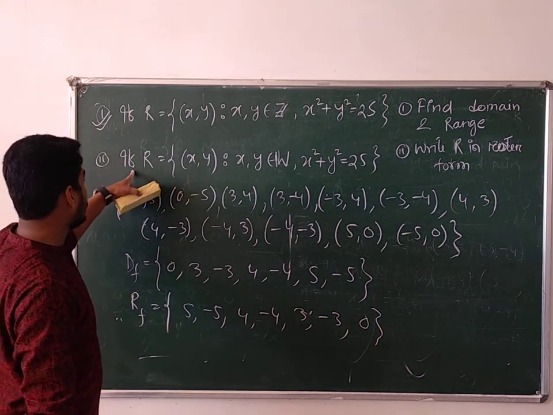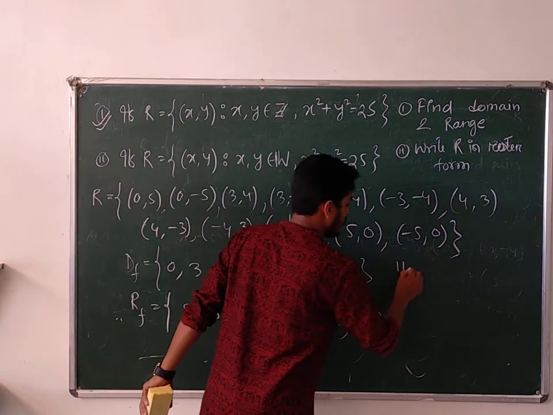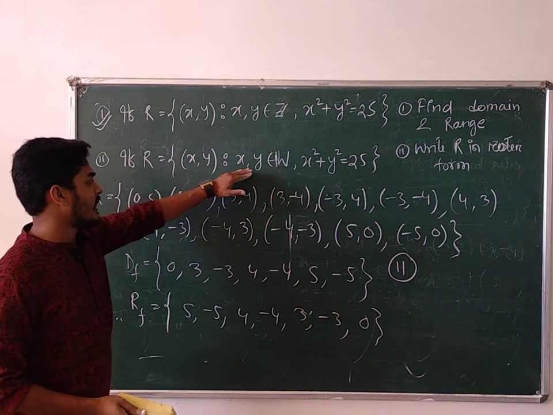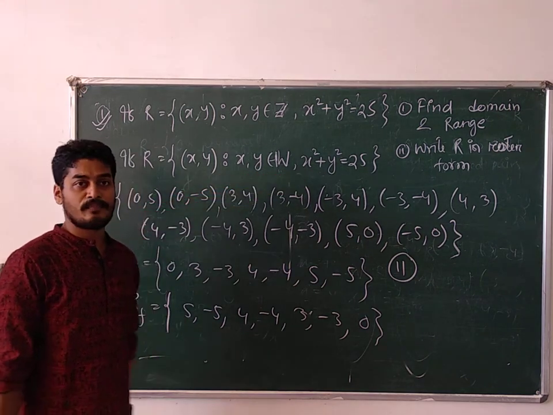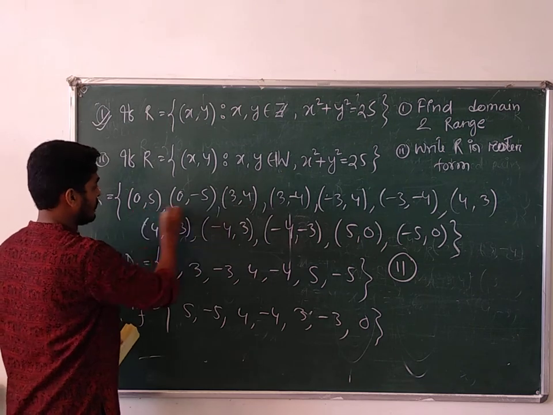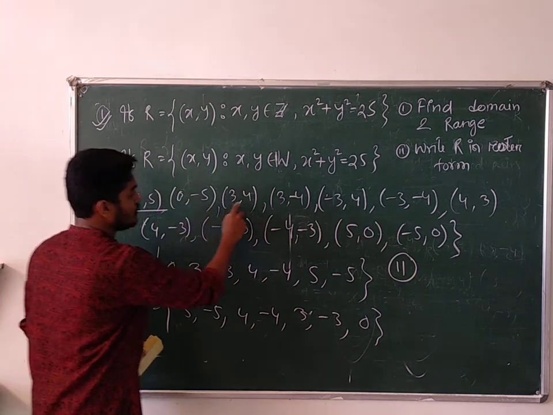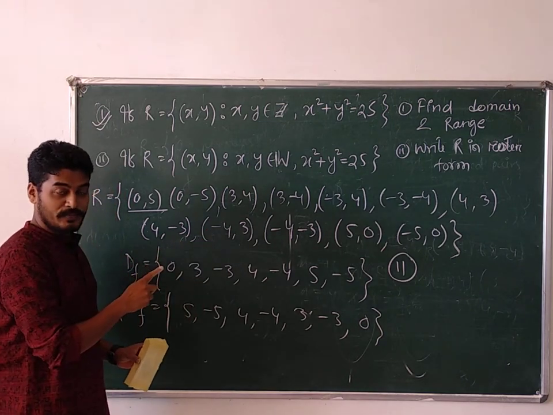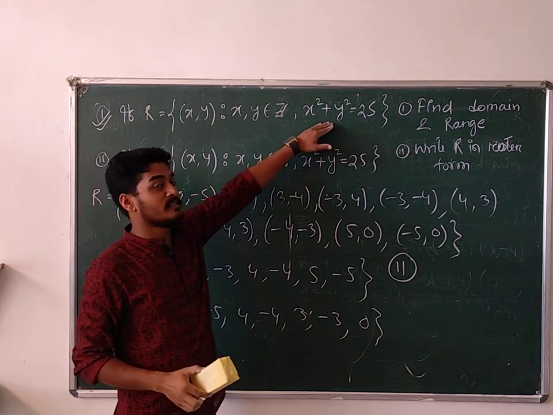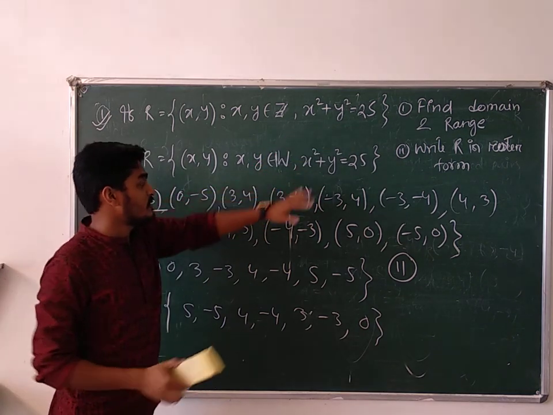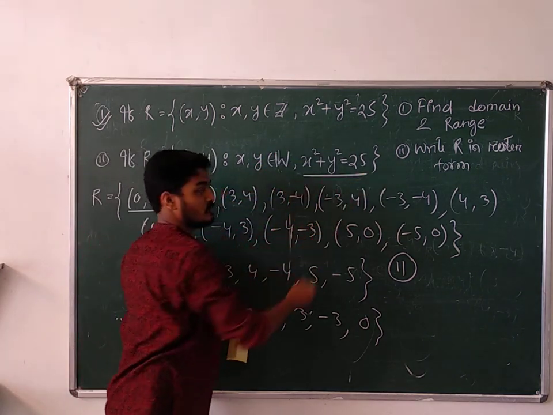Listen, if I am going to explain question number 2, here it will contain all those ordered pairs where x and y are whole numbers. The condition is same. Can we consider all the ordered pairs, 1, 2, 3, 4, 5, 6, 7, 8, 9, 10, 11, 12? You have got 12 ordered pairs which are satisfying these conditions.